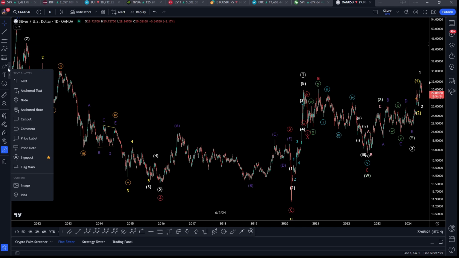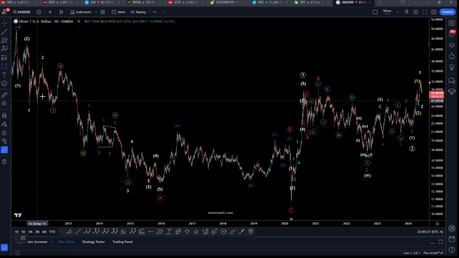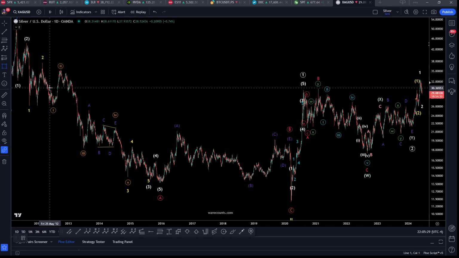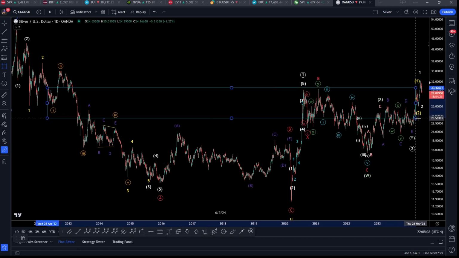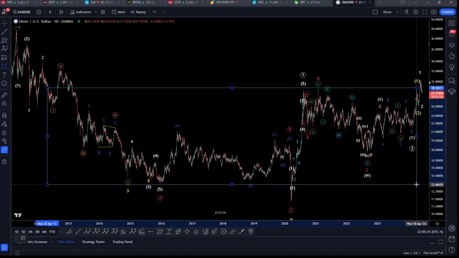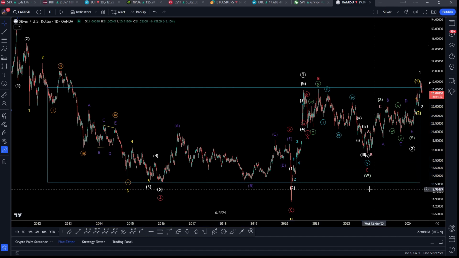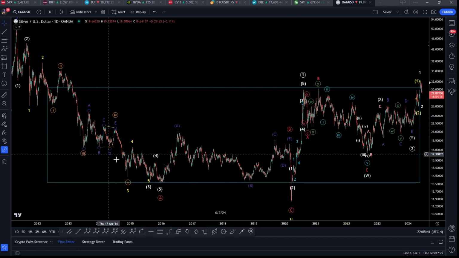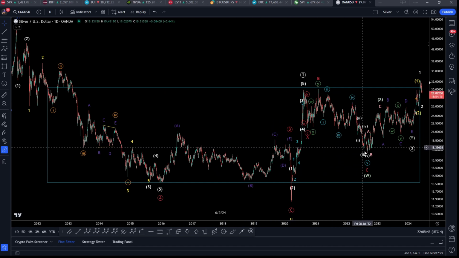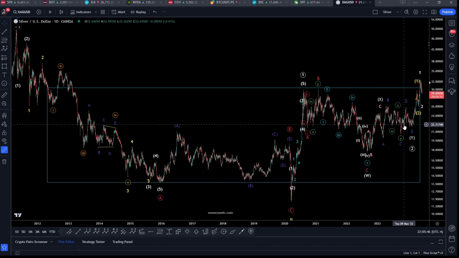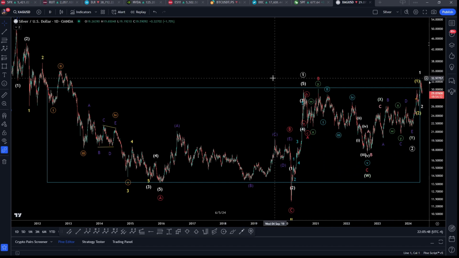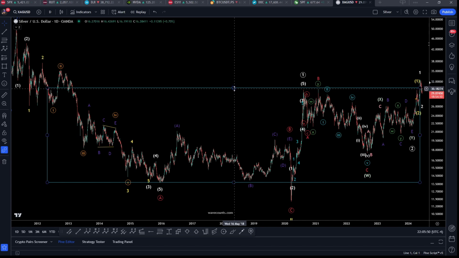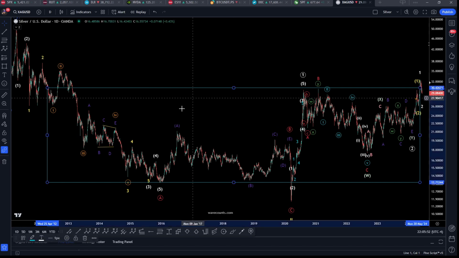I mean, all it's really done is go sideways in this range right here for a decade. Got a little poke below there. But other than that, it's just been sideways in this range.